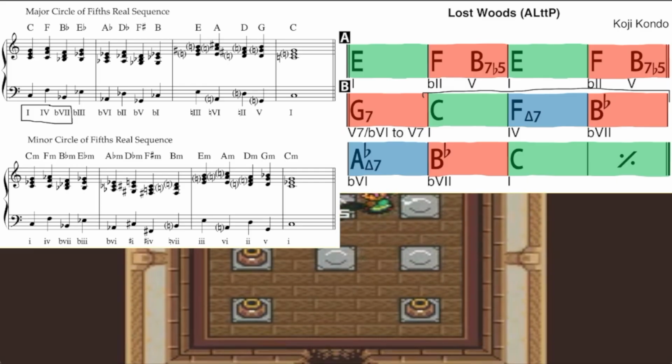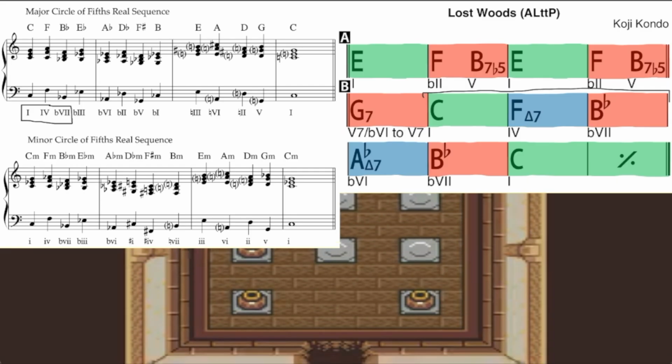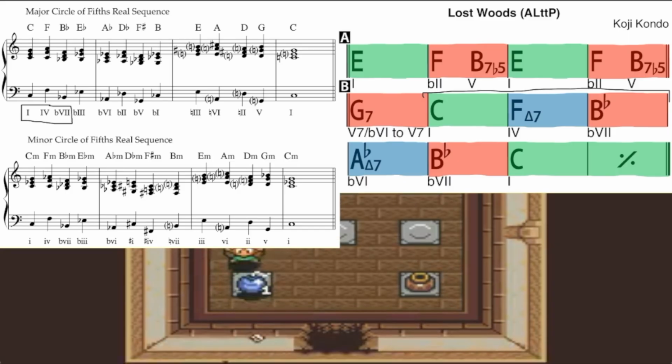If it went on, it would go. It could just keep going on, but he doesn't. He stops there.